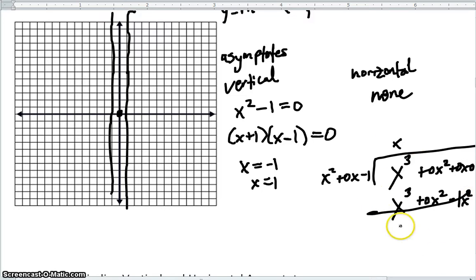So I'm going to subtract all of that. What I'm left with is a positive x squared, or 1x. And I have nothing else, so that's over my remainder, or over what I'm divided by.